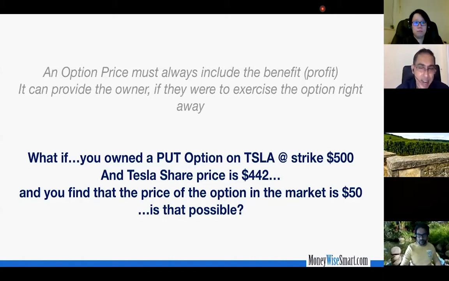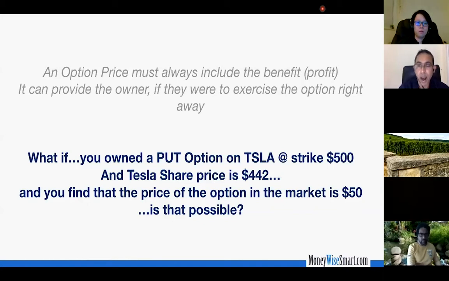So isn't that valuable? Just imagine, you can buy a few shares of Tesla from the market, and you can sell those shares immediately using the rights that have come with your put option for 500, and immediately you make a $58 profit.